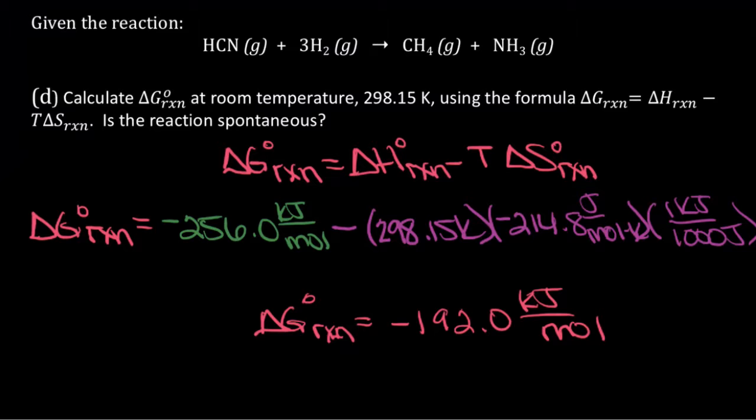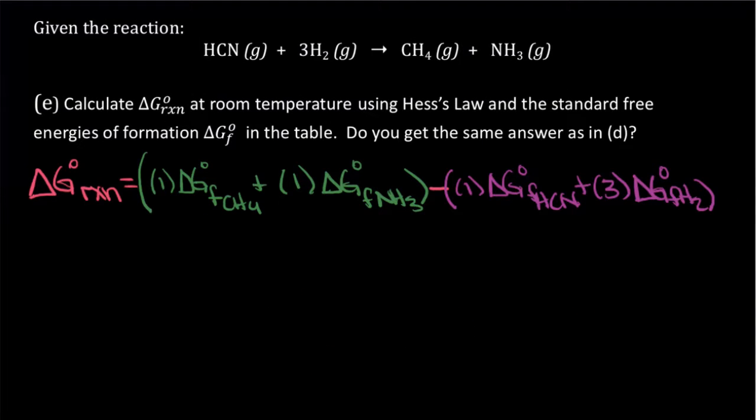And because we see that big negative sign there, we know that our reaction is spontaneous, at least at 298.15 Kelvin.